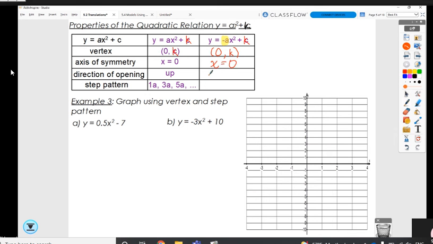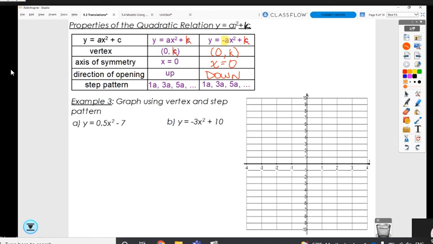This thing opens down because the a value is negative, and the step pattern is still 1, 3, 5, multiplied by whatever that a value is. So what we're going to do now is very similar to yesterday, except the vertex has now changed a little bit. It was always 0, 0 yesterday. Now it's a little bit different.